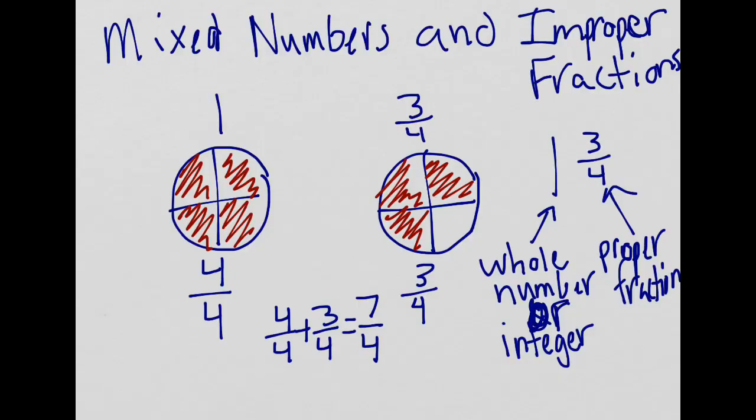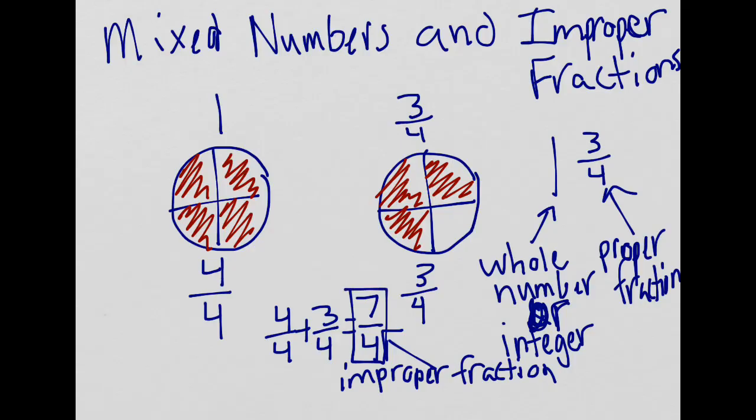So this is, let me draw an arrow to this, this is called an improper fraction, and the reason why we call it an improper fraction is because the numerator is greater than or equal to the denominator. So the numerator is greater than or equal to the denominator, which makes it improper.